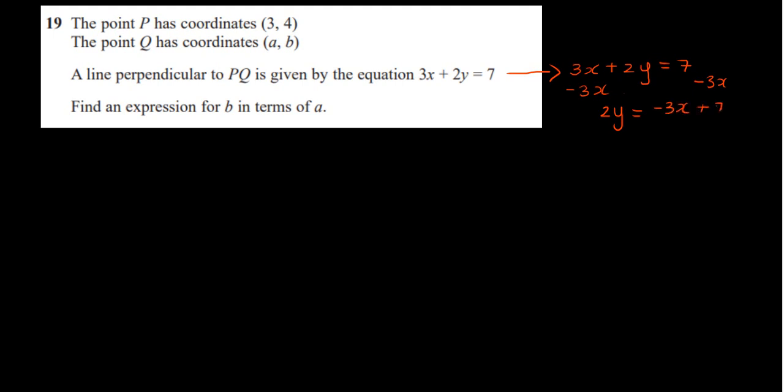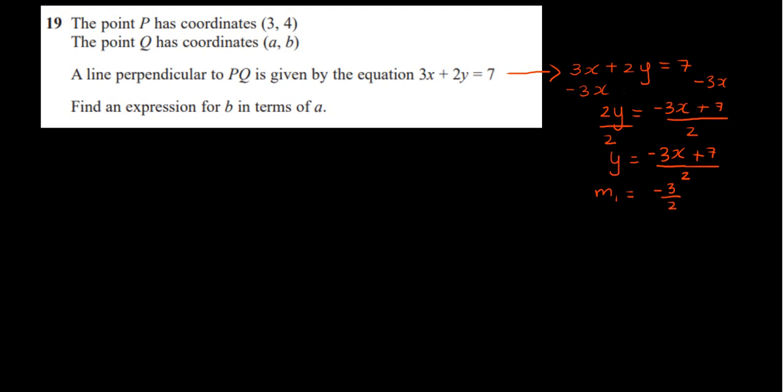Then I divide both sides by 2. So y is equal to minus 3x plus 7 over 2, okay? So my gradient for this particular line, I'm going to call it M1, is minus 3 over 2.